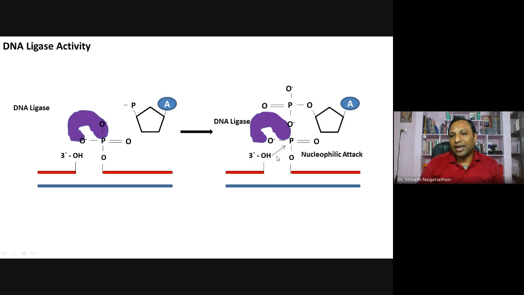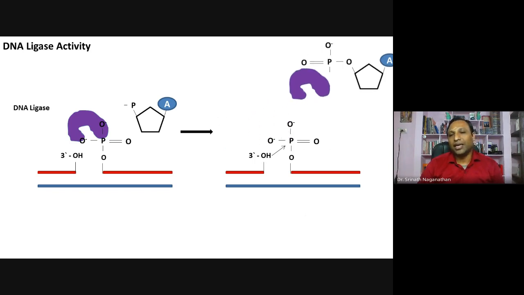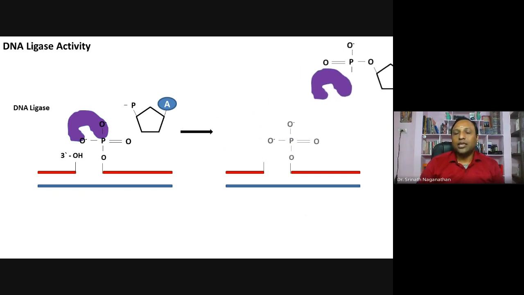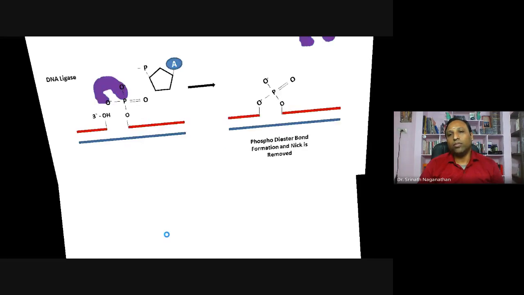It attaches with this, and the AMP molecule is removed by the ligases. So like this, the nick is joined and formed as a single strand. The phosphodiester bond has taken place and the nick is removed.